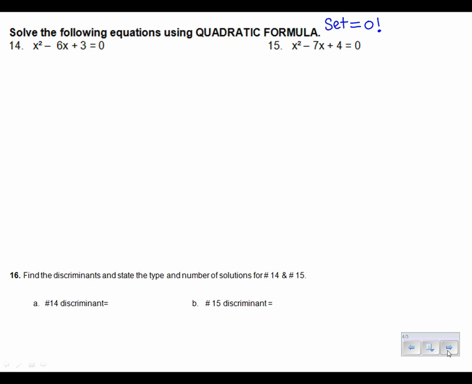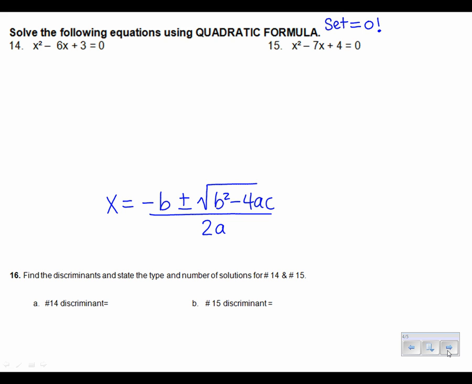To use the quadratic formula, which is x equals negative b plus or minus the square root of b squared minus 4ac all over 2a. In order to actually use the quadratic formula, I need to know what my a, b, and c values are.